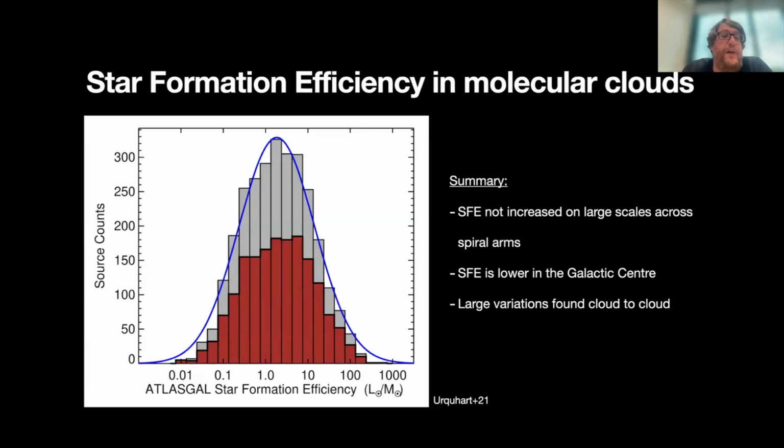But we looked at, if you took larger bins and put in all the clouds that were forming, like individual clumps, the ones that weren't forming stars and the ones that were, and accounted for just the ones forming stars, any peak in the star formation efficiency disappeared when you accounted for just the ones actively forming stars.